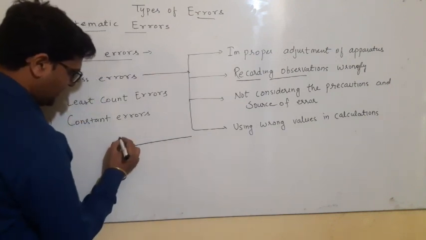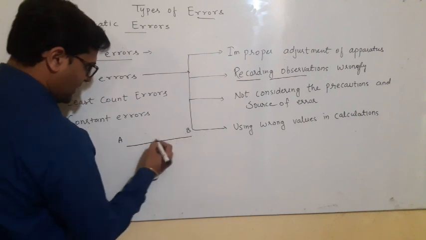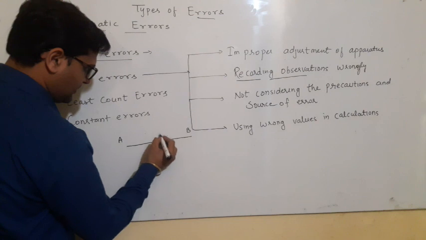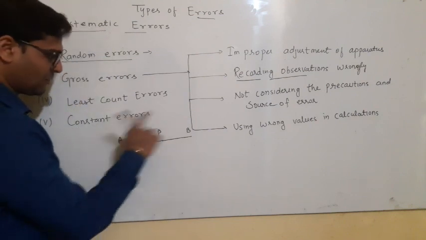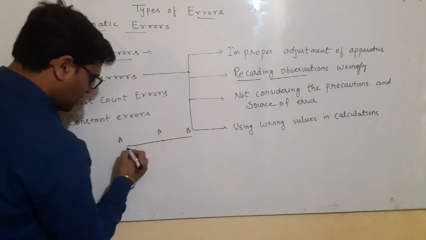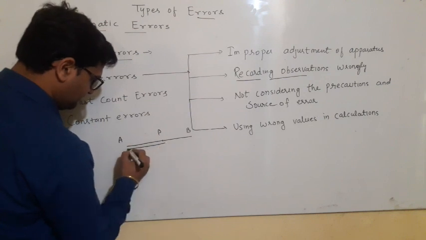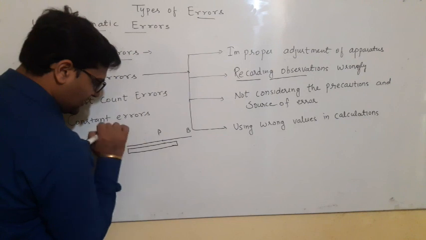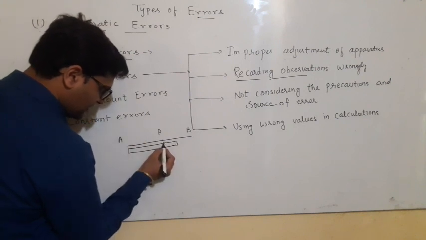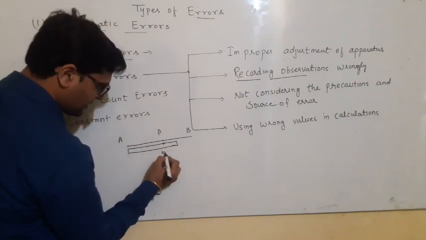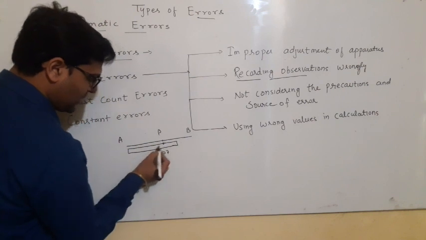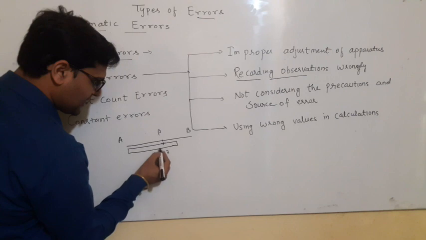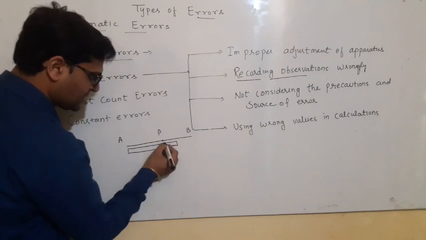Suppose this is a length AB and I want the measurement of AP. Out of AB I want a measurement of AP. So I am using a scale and suppose this value, let it be 10.7. 10.7 coincides with this one, that is the true value, and this is 10.6, this is 10.5, this is 10.8.